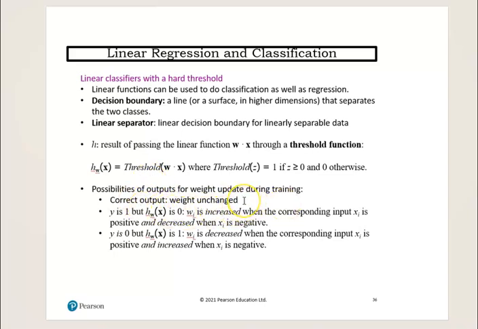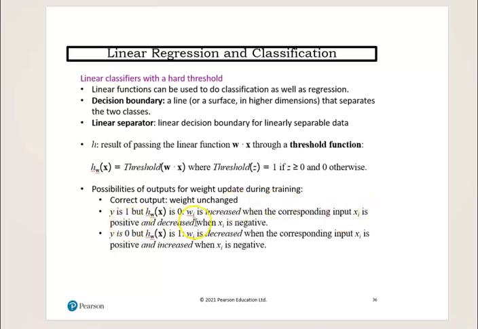For any given training point, if we predicted the correct class, then in that case the weight should be unchanged, right? Because we made a correct prediction. If we predicted a 0 and the true classification is 1, then in that case we have to increase the weights a little bit to compensate for this error.